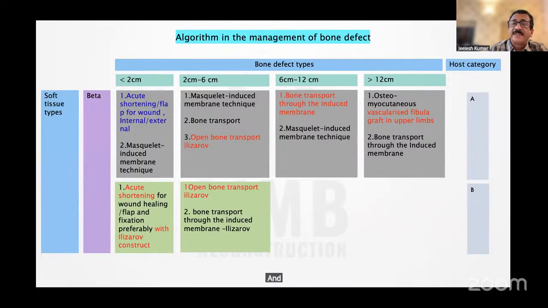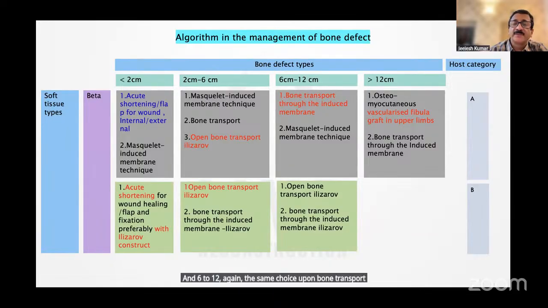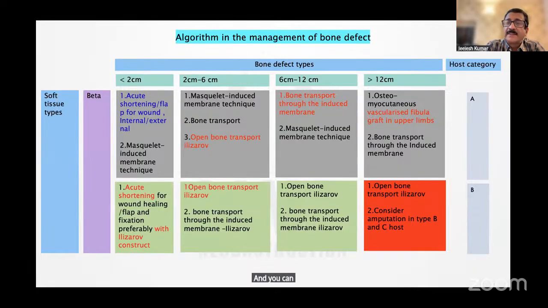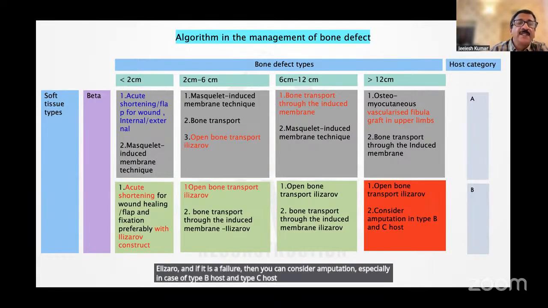And 6 to 12, again the same choice, open bone transport, Ilizarov bone transport, induced membrane. And if it is more than 12, beta and type B host, open bone transport, Ilizarov. And if it is failure, then you can consider amputation, especially in case of type B host and type C host.